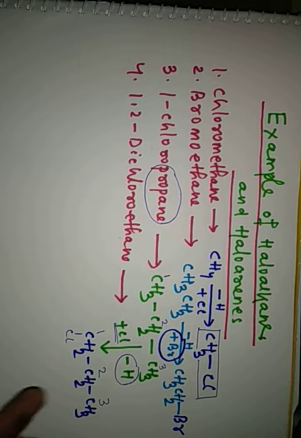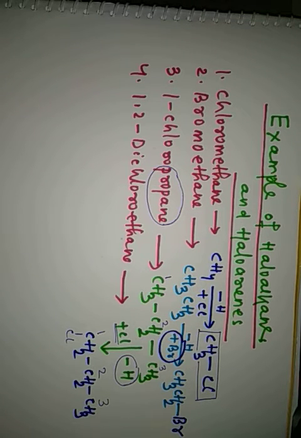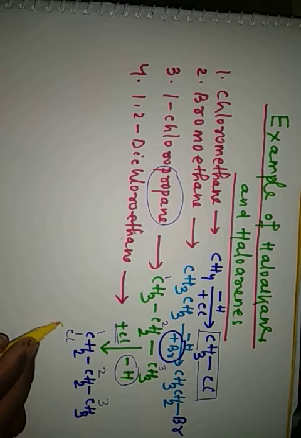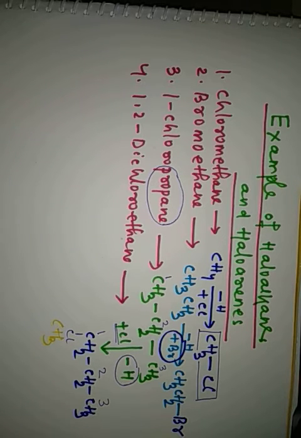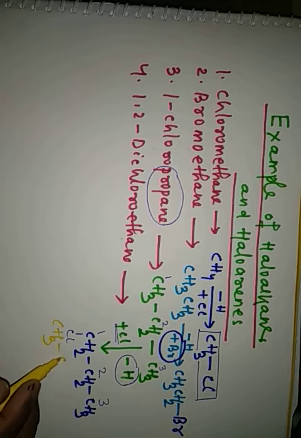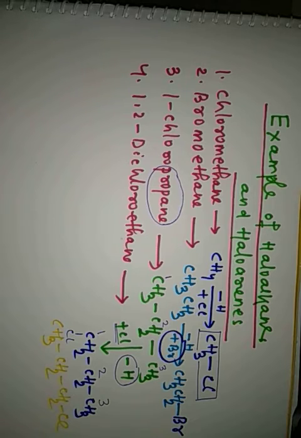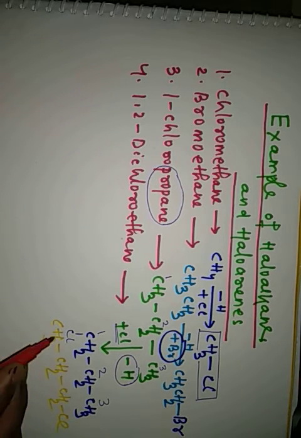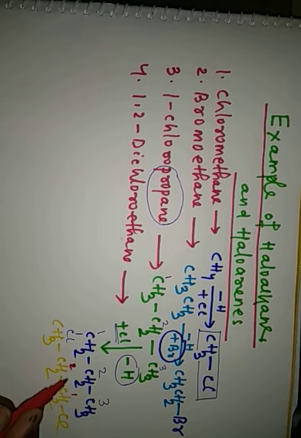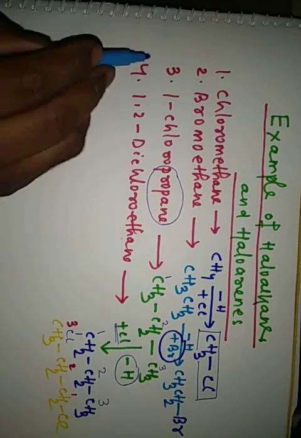This can also be written as CH3 CH2 CH2 Cl. Here this is carbon 1, 2, 3. This is called your chloropropane.